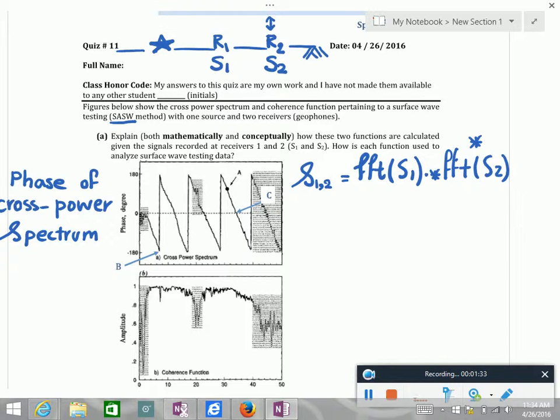So you're saying that it's the FFT of signal 1 times the conjugate of the other one? Mm-hmm. This is MATLAB. I write it as if I'm doing this in MATLAB. The conjugate is that star on the top.